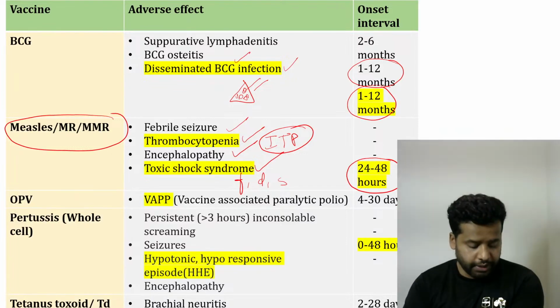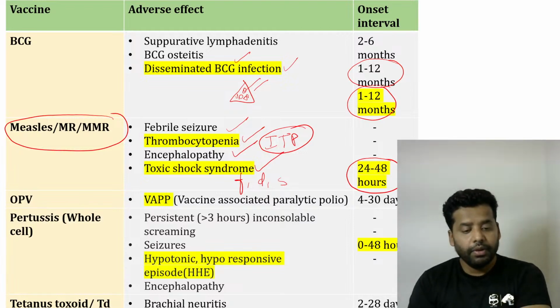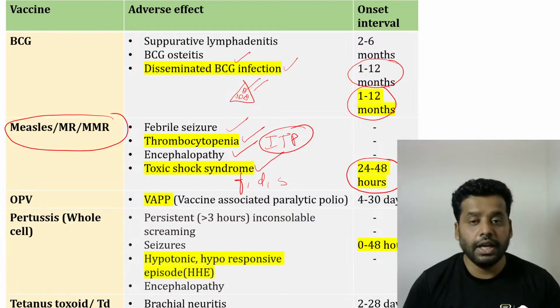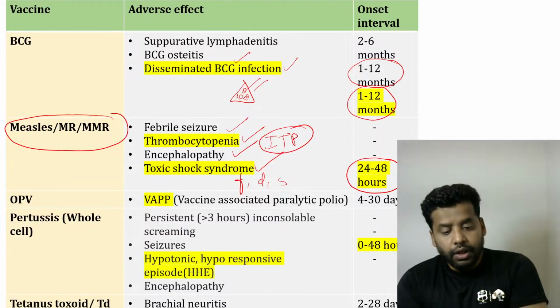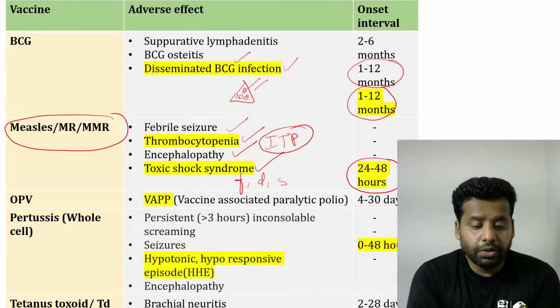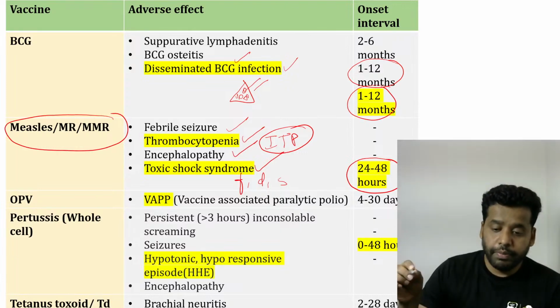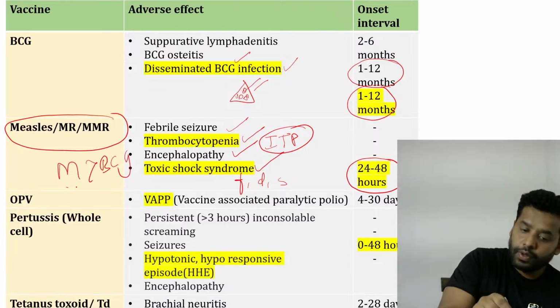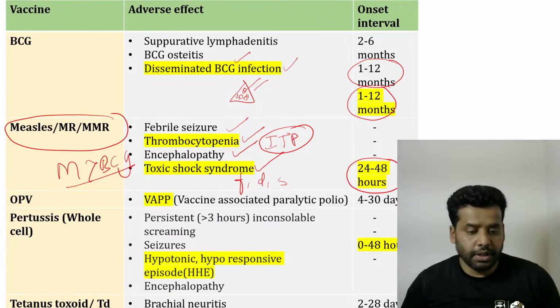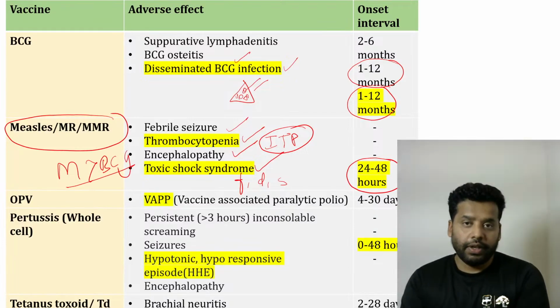So if they mention these 3 words, fever, diarrhea, shock, and death within 24 to 48 hours, this is toxic shock syndrome, which is usually seen in measles vaccine compared to BCG vaccine.